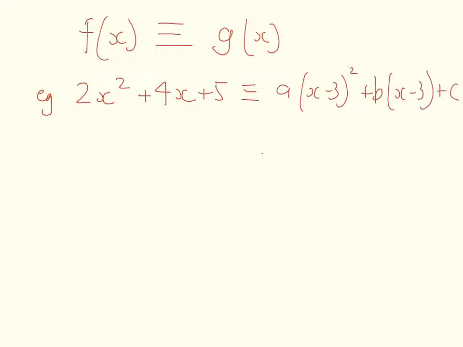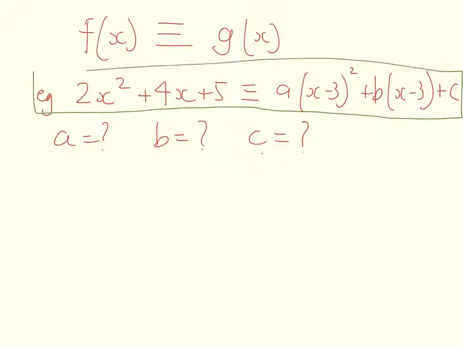What we're normally asked to do is find the values of a, b and c so that this statement is true. We're told it's true for all x. That's what this symbol here means. So now we've got to go find values of a, b and c.